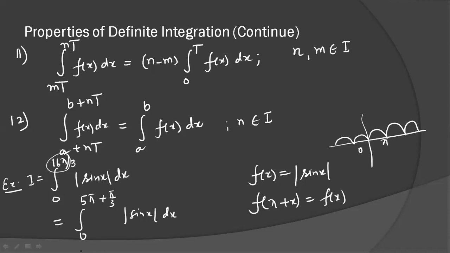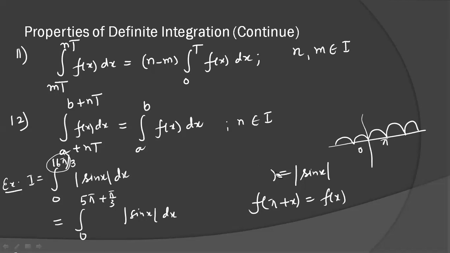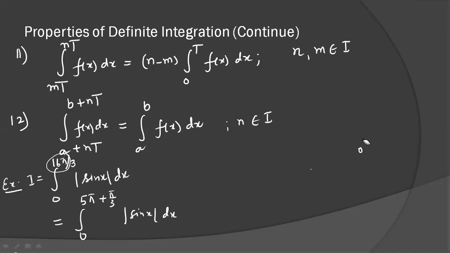What is the splitting integration property? Splitting means integral a to b f(x) dx is equal to integral a to c f(x) dx plus integral c to b f(x) dx. So we will use that property here.